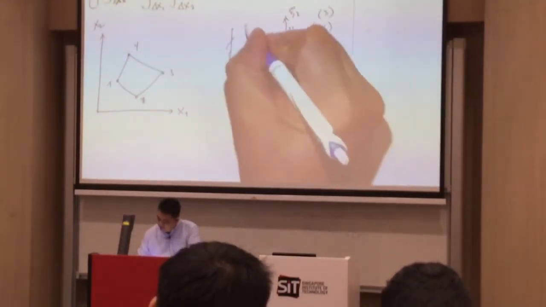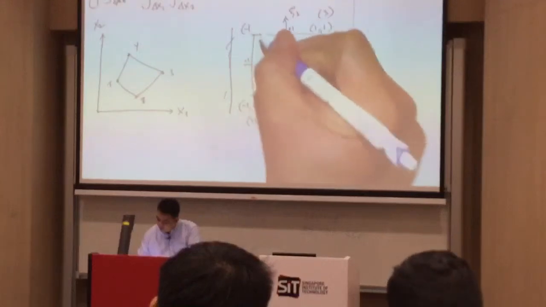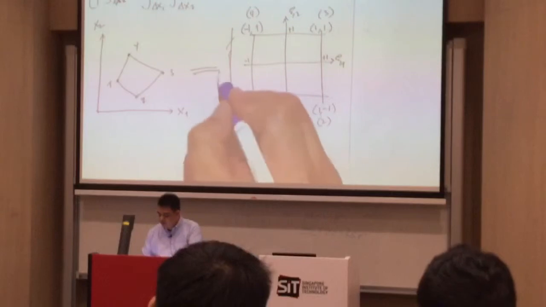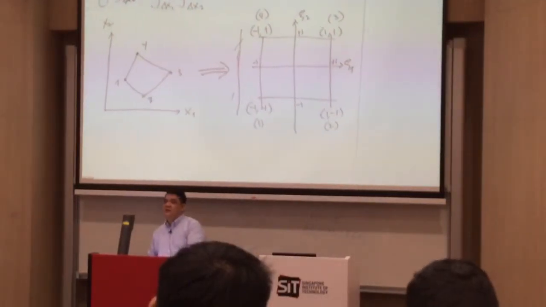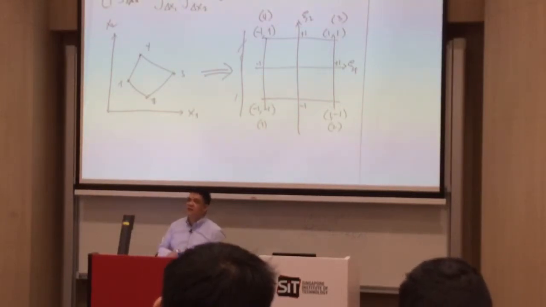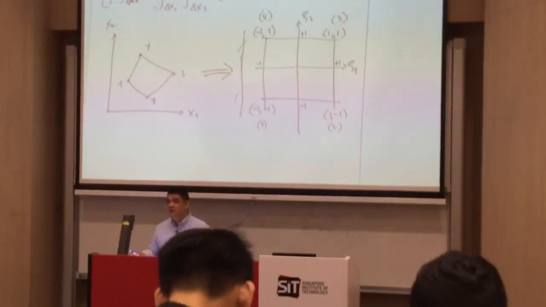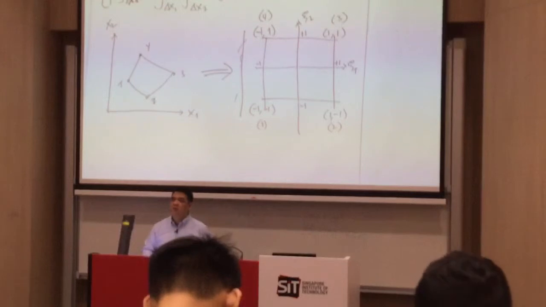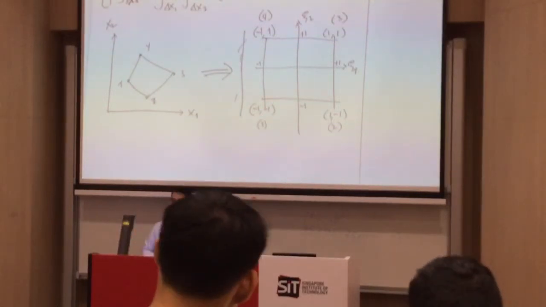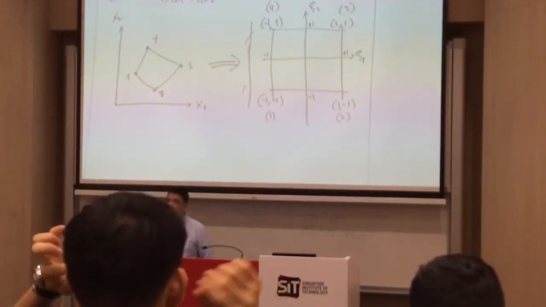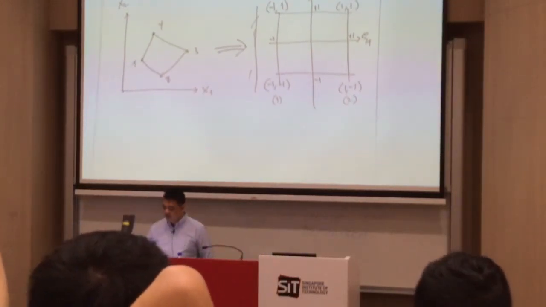And this will be your fourth node, which is minus 1 and positive 1. So here, you're trying now to map from this one to this one. So what does that mean? We'll explain later, because what happens is that when you perform integration later, it's simple. It's just putting in the coordinates for these 4 points. So you will see how the computer will do this numerical integration with different assumptions, of course.